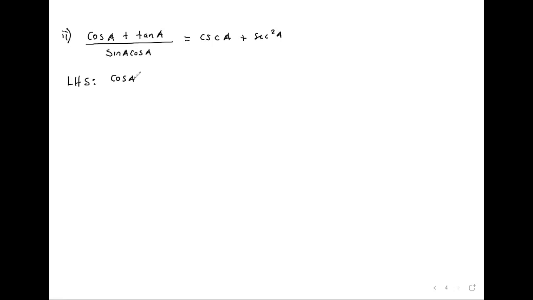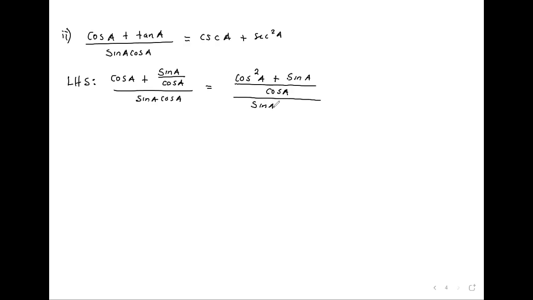So cos A plus tan A is cos A plus sin A over cos A, over sin A cos A. So you can say this is over 1 also.